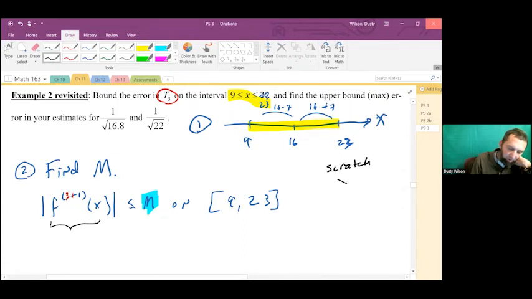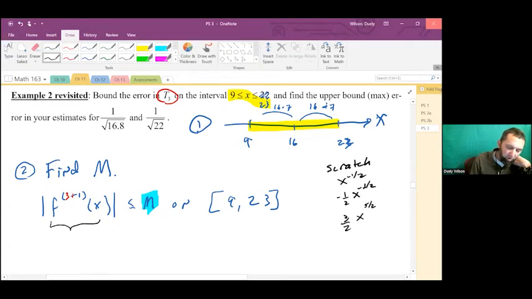So we had x to the minus 1/2. That was our original function. Our first derivative was minus 1/2 x to the minus 3/2. Then we had our second derivative, x to the 5/2.